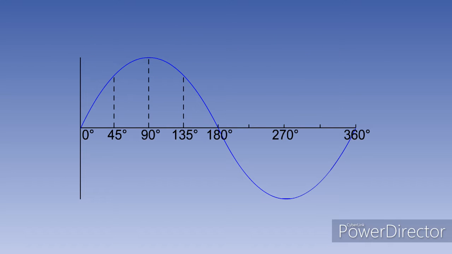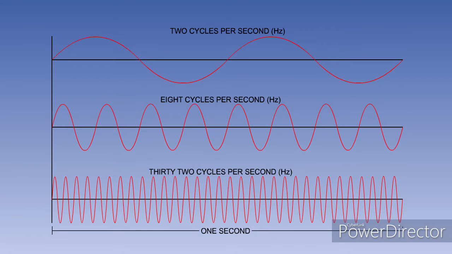We have already mentioned phase angle or phase, and we know that one cycle represents from 0 to 360 degrees of phase. The number of cycles occurring in each second is the frequency of an alternating current. The unit of frequency is the hertz. 1 cycle per second is equal to 1 hertz.